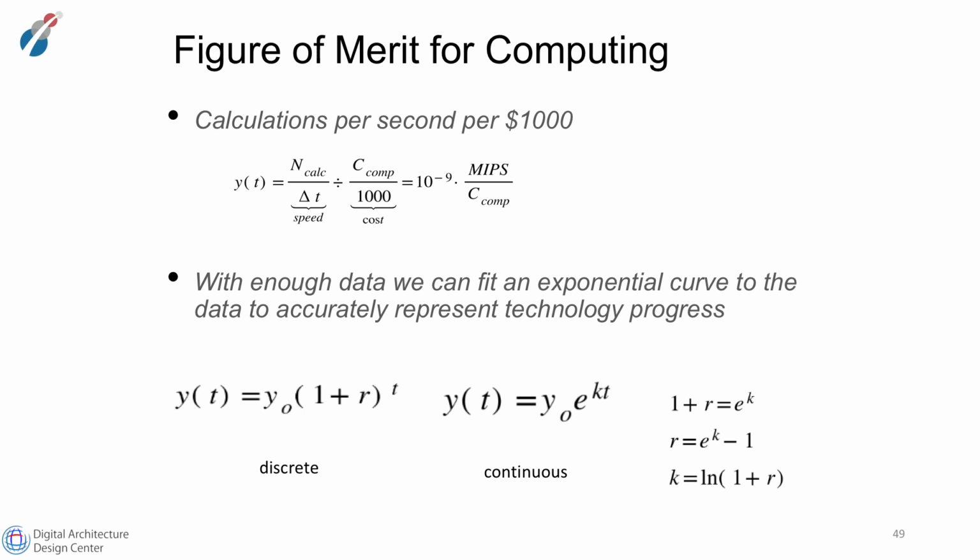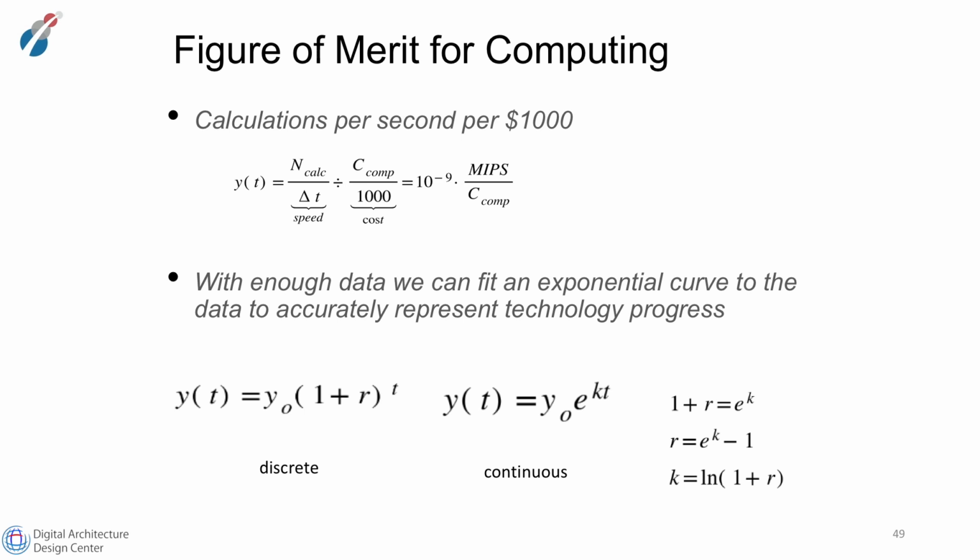And we can see that, this is logarithmic, so it's extremely impressive. And even though the points are discrete, if we have enough points, we can actually approximate that with an exponential curve, which comes in two flavors, either discrete or continuous. So in discrete time, for example, we can look at 1 year increments.